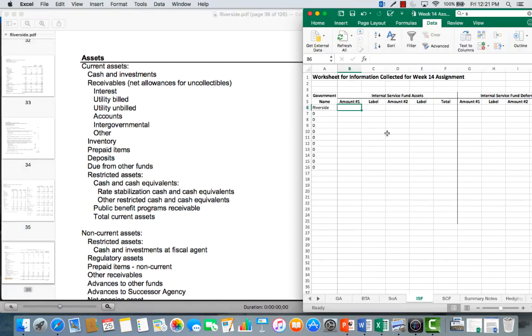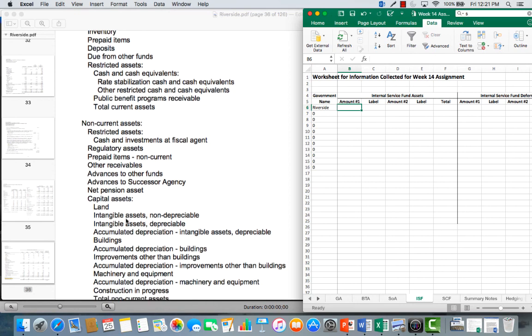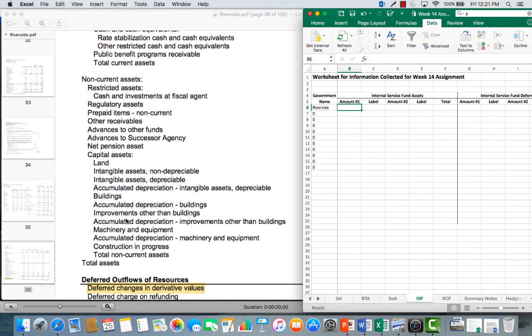What we're asked to do is look at, again, assets, deferred outflows, liabilities, deferred inflows. I don't see anything among the assets here that seems to be related in any way to derivatives, or among the non-current assets here. I'll take another scan just in case I missed it when I looked at it the first time, but I don't see any.